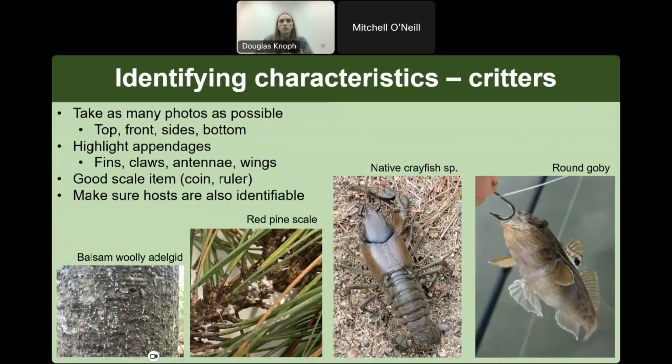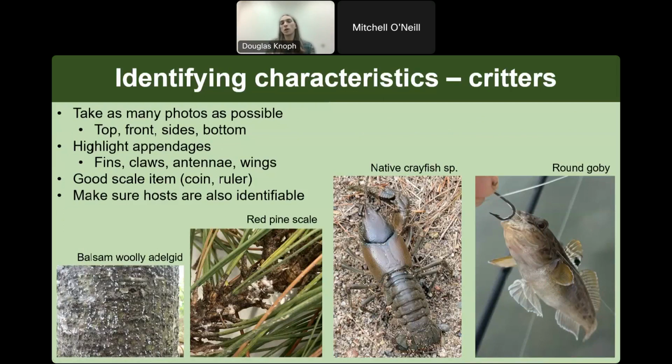Other general tips for photographing different critters. Taking as many photos as possible is usually a pretty good rule of thumb, and from as many angles as possible as well. So top down, from the front, the sides, the underneath, the bottom of it, highlighting any characteristics that are distinct to that type of species.